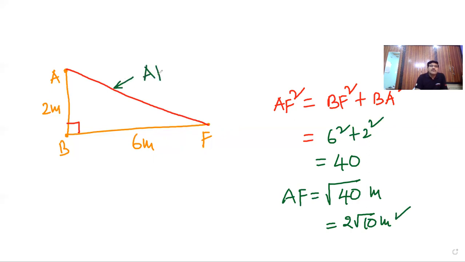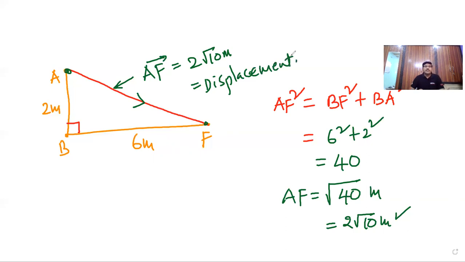AF bar, because the direction is from A to F, initial position to the final position. AF bar is 2 root 10 meters. This is displacement, this simple mathematical concept.